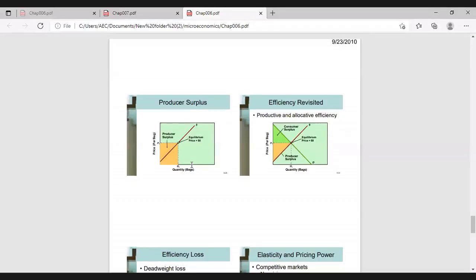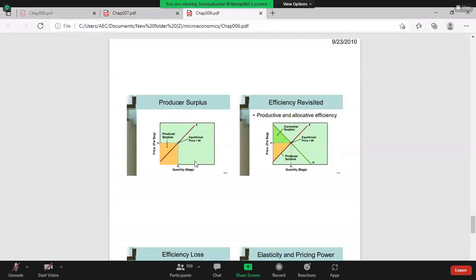That is productive efficiency, producing each unit at the lowest cost. In the competitive market, that will be achieved because there are many sellers and producers, so there is competition, and they will produce at the lowest cost using the best technology. So in the competitive market, productive efficiency is achieved.